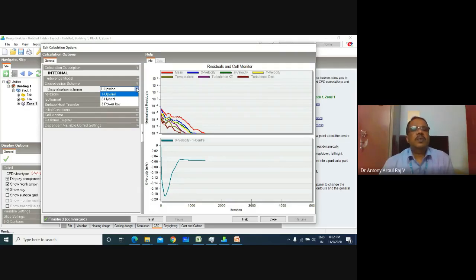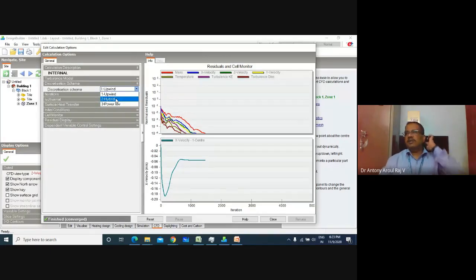That is the default. If Peclet number is greater than 2, we will go for upwind scheme. And if both cases, central difference for less than 2 and upwind for greater than 2, that is called hybrid scheme.